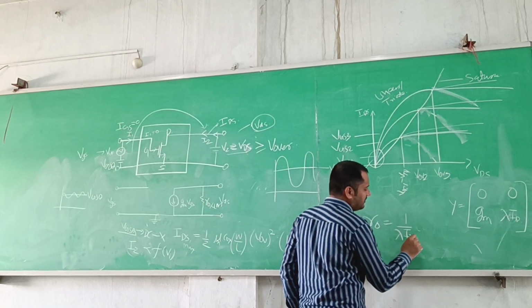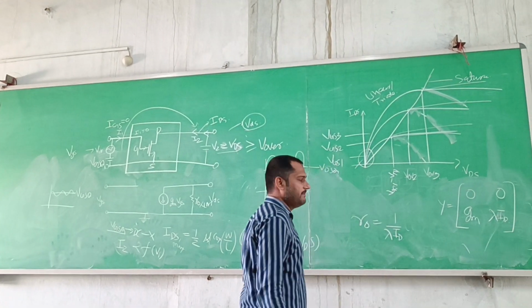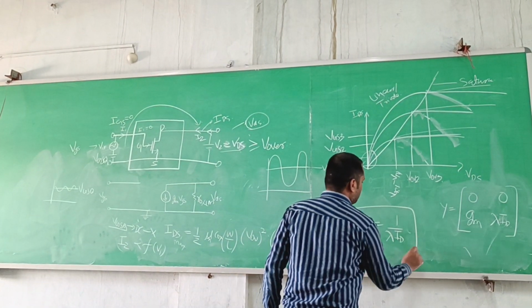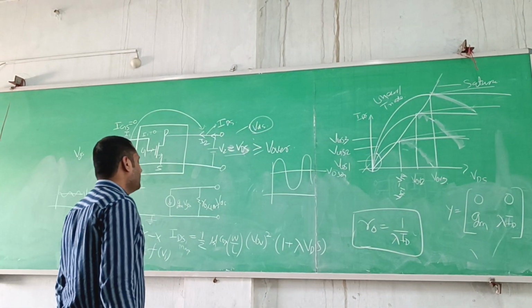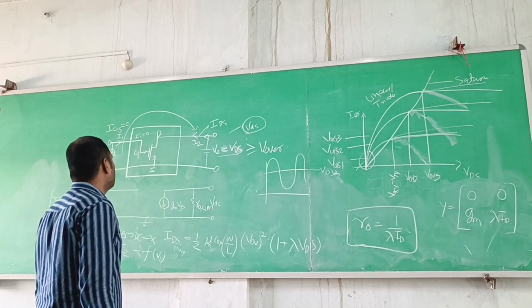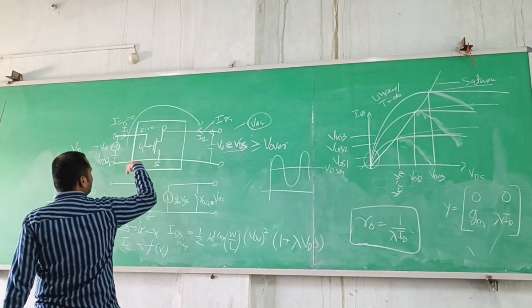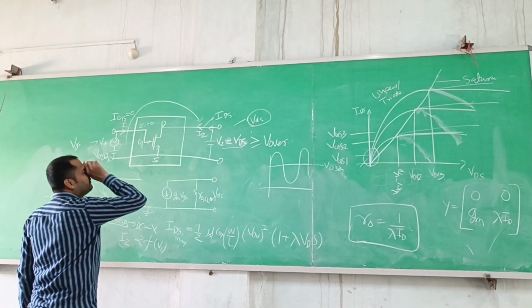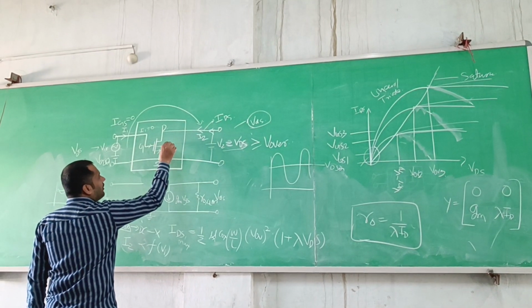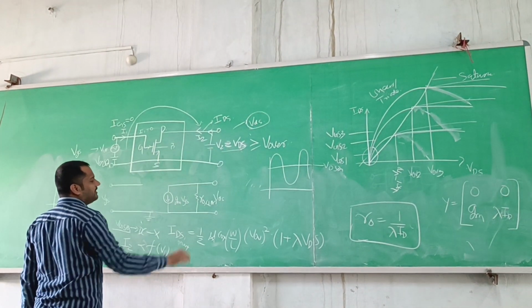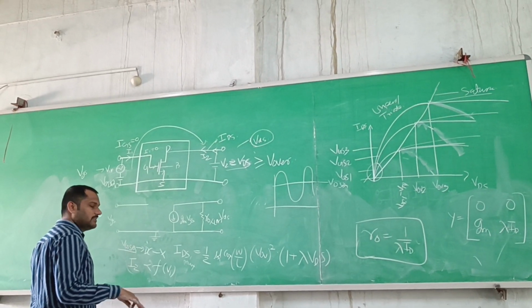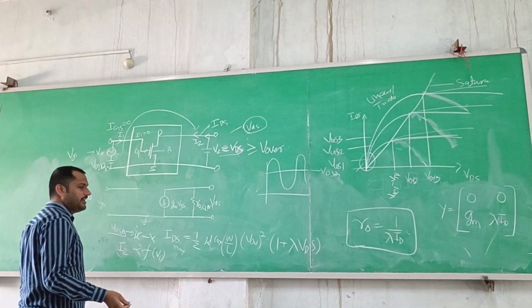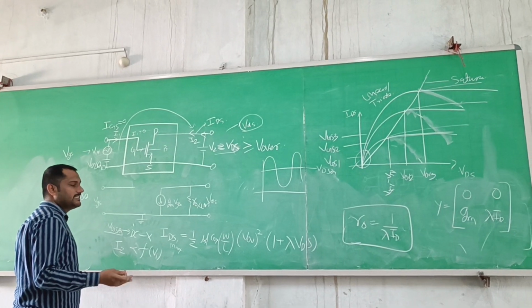RO will be 1 upon lambda ID. This is important. And another parameter is there. In all this discussion we have ignored the body terminal of the MOSFET. Again, when we consider the body terminal, we take into account its effect, its physics.